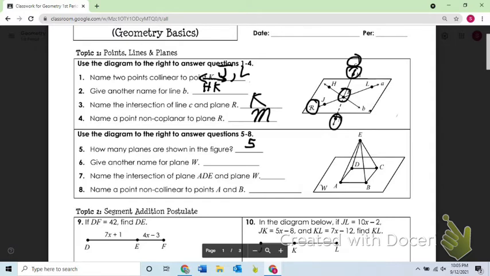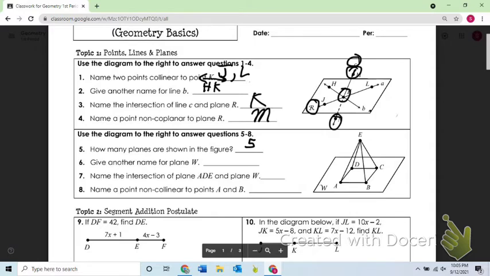There are 5 planes on that figure. So what is important to understand is what a plane is. Remember, we can identify a plane by any 3 non-collinear points. That means 3 points not on the same line.